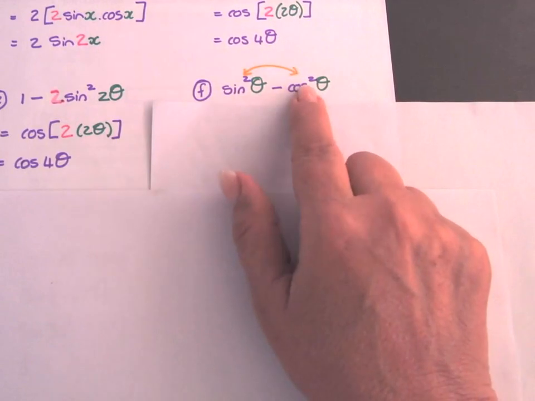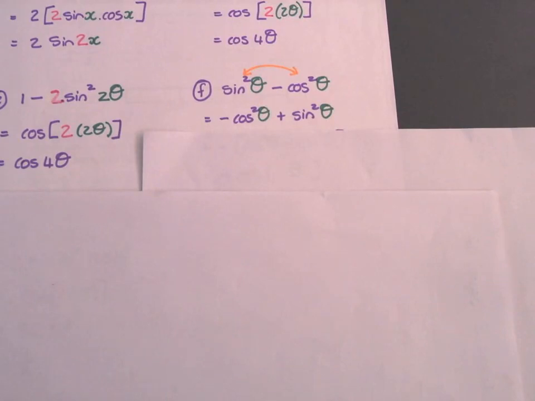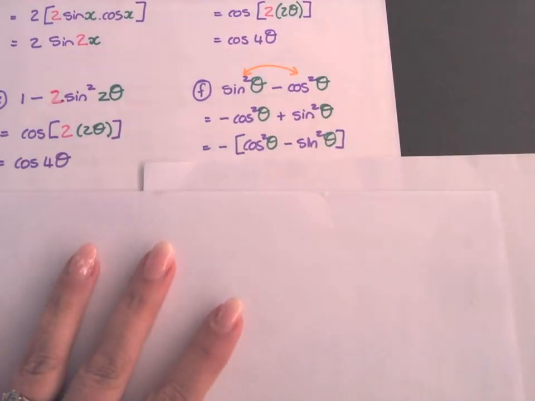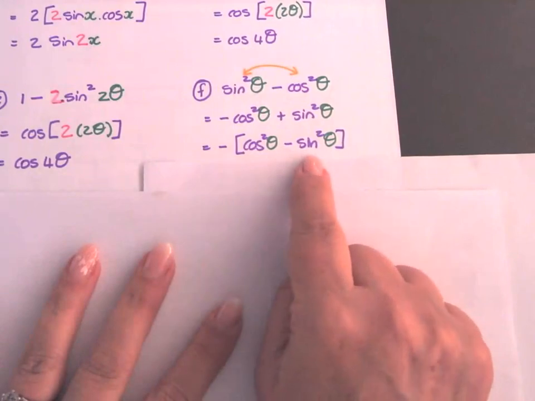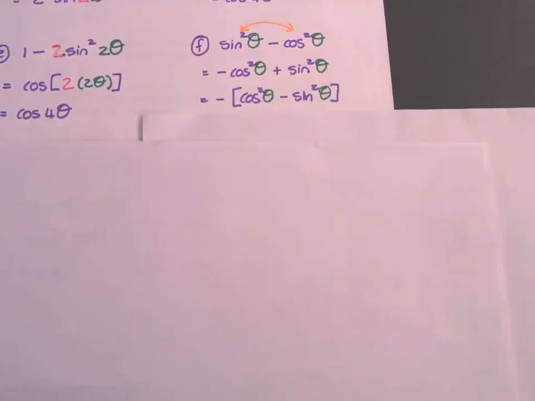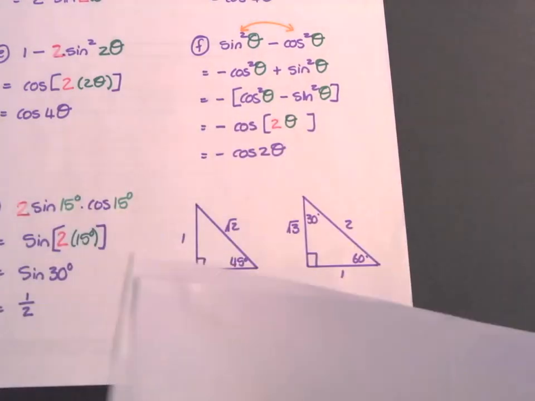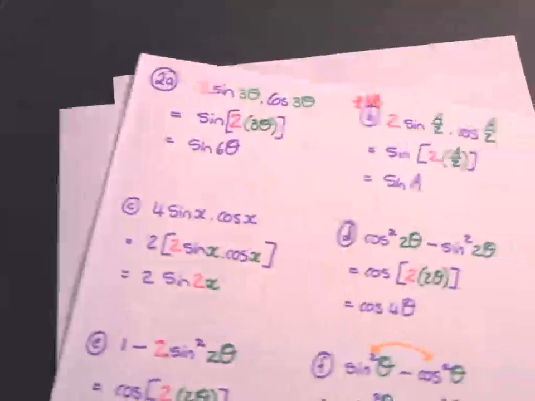So the cos squared must stand first. Okay, let's put it first. It still looks wrong. We take out a negative. Then I get cos squared minus sine squared. Okay, that's a double angle cos. So it's cos 2 times 2.